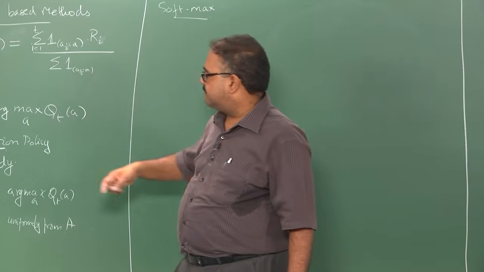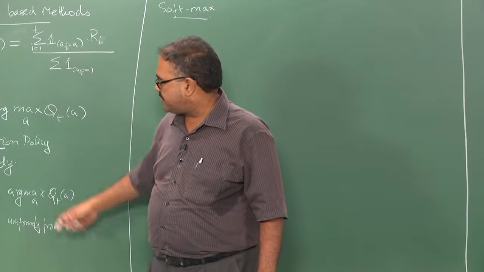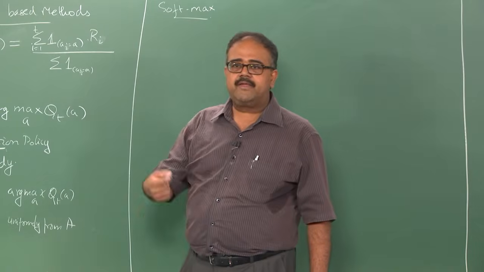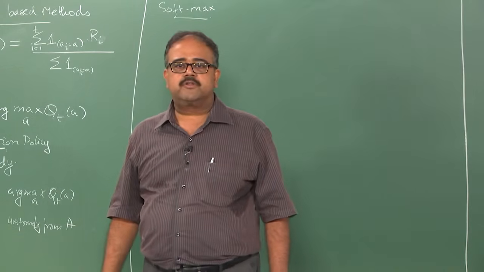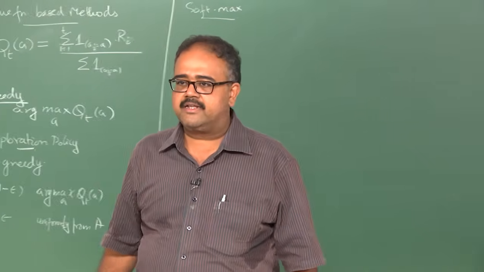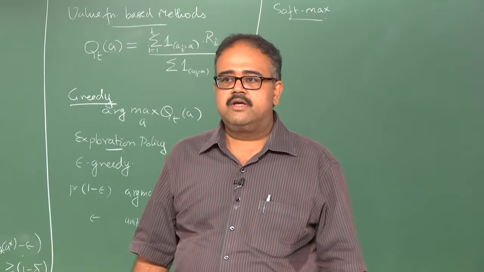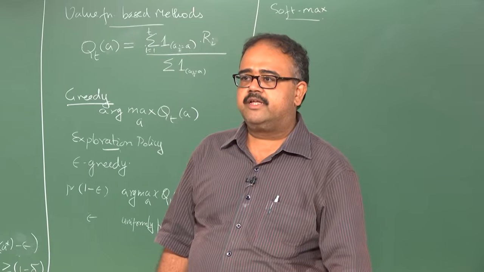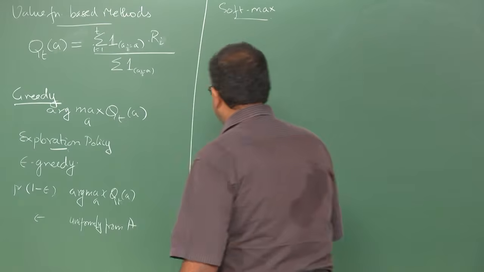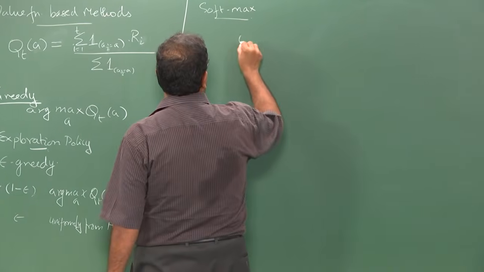Where instead of giving all the probability to one action, I make the probability of picking the actions proportional to the current estimate. So whatever is the current Q, I will make the probability proportional to the Q. So ideally it should be something like this.